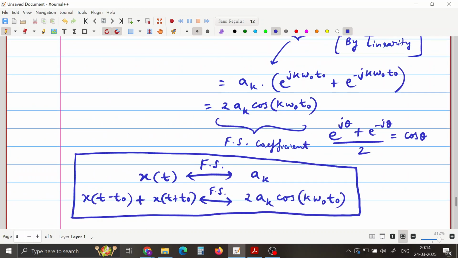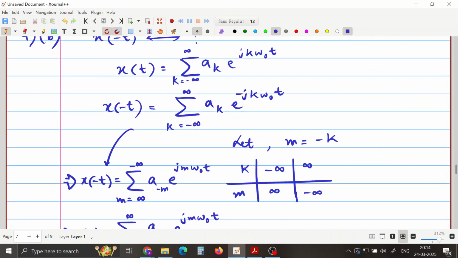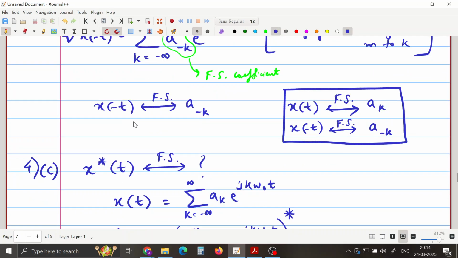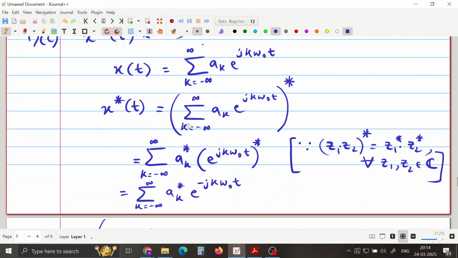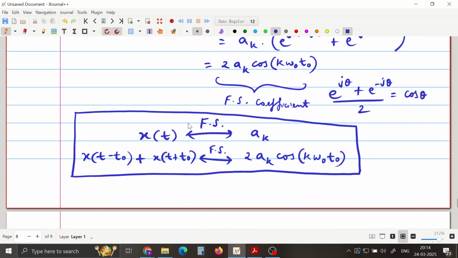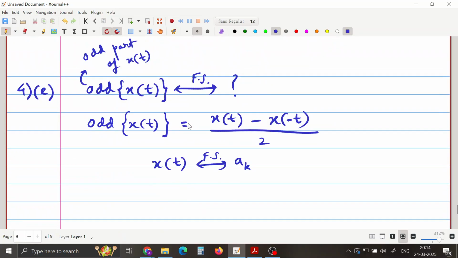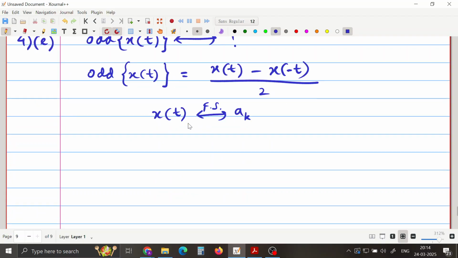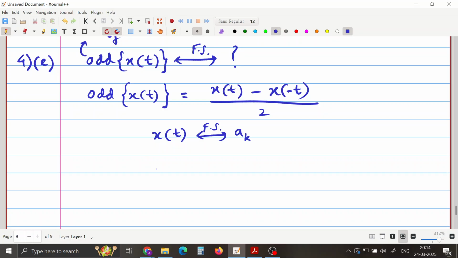And from our previous parts, actually in 4b, we found the Fourier series coefficient of x of minus t, which was simply a minus k. So together we can combine them using linearity and find the Fourier series coefficient of the odd part of x of t.